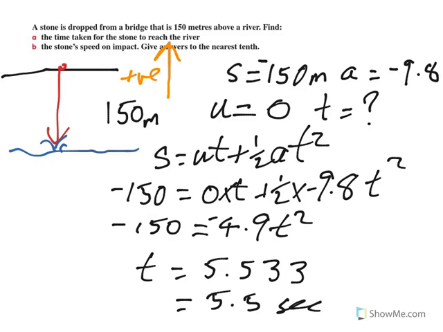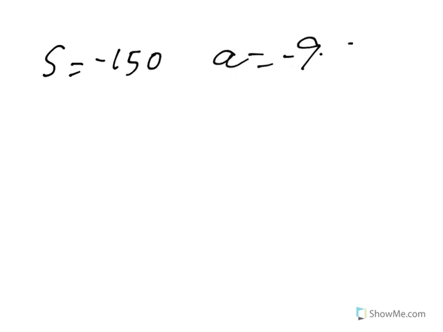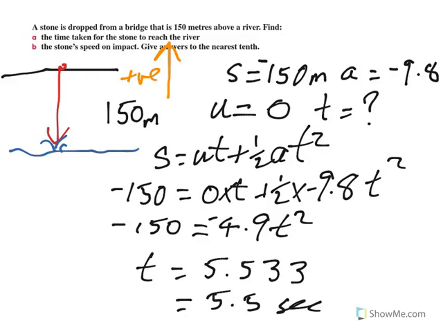Okay, in the second part, part a says the speed on impact. So what do we know? We know the distance travelled is negative 150, the acceleration is negative 9.8, its initial speed was 0, and we're after finding the final speed. So we need to go for the one that hasn't got time in it.